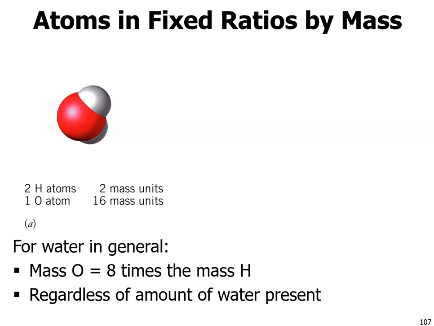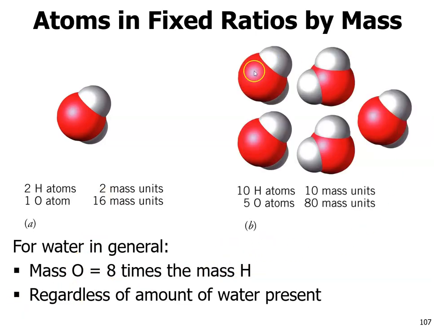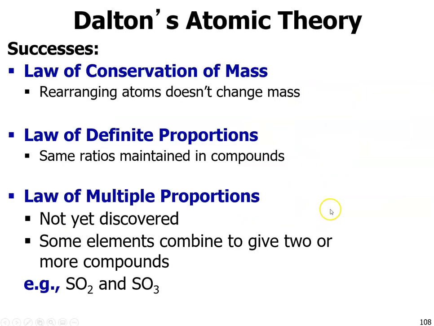It doesn't matter where it came from, whether it rained on you or you pull it out of a pond. That water is going to have the same ratio of oxygen to hydrogen in terms of its mass. You can see that here: this ratio is the same in example A versus example B.